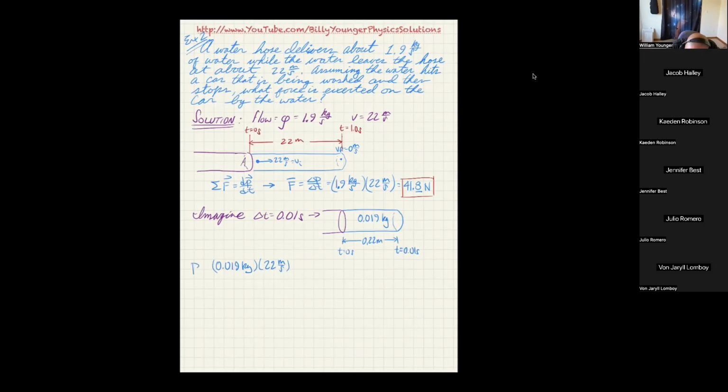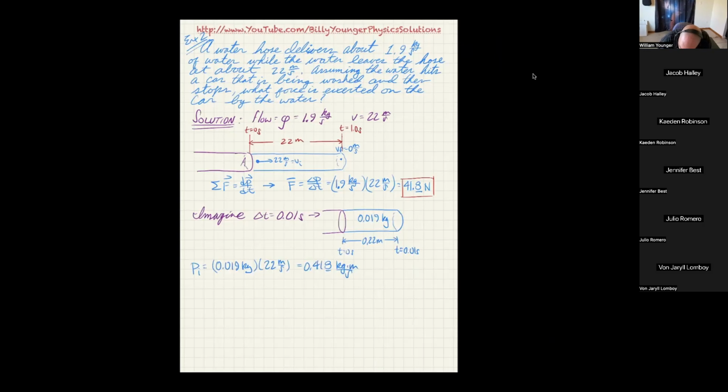And that means its momentum initially is equal to 0.019 times 22 gives me 0.418, carrying one extra sig fig, of course, 0.418 kilograms meters per second. Okay. So that's the initial momentum.